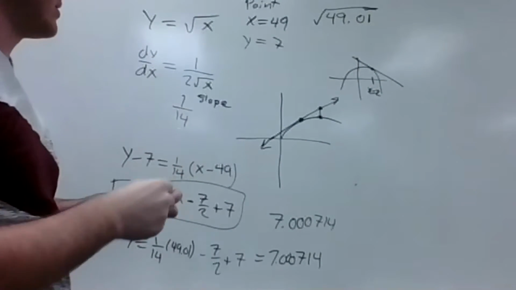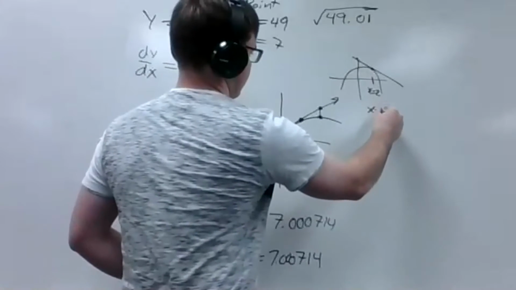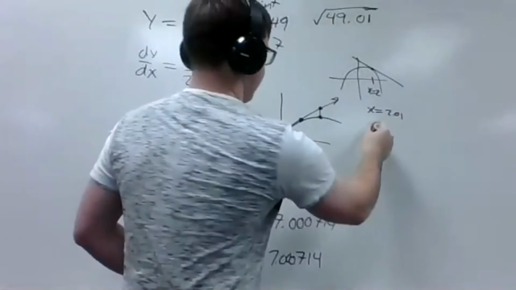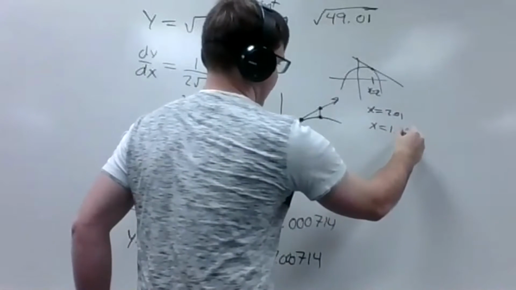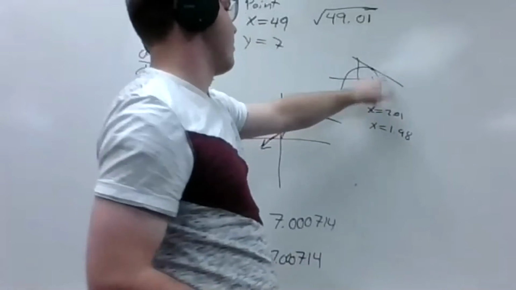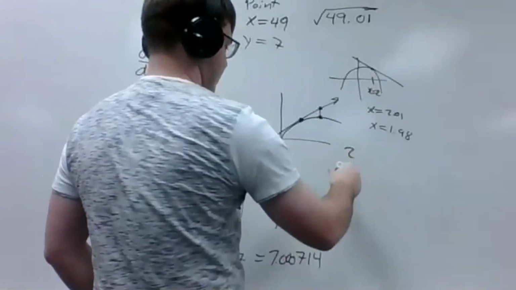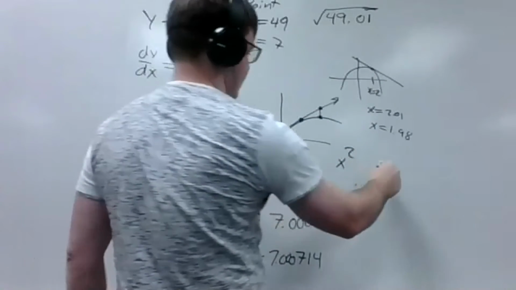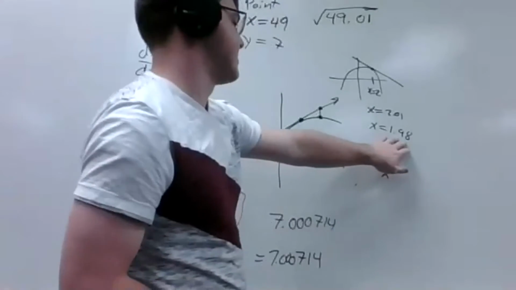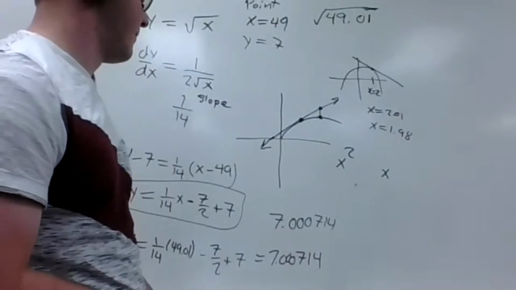And we could use this tangent line to approximate what x equals 2.01 would equal, or x equals 1.98 would equal. And we can use this line function instead of a parabolic function, which has a square in it. Parabolic functions are squared, and line functions only have a single power. And that becomes an easier problem, because then we're not going to have to square any of our x values. We can just plug them in.